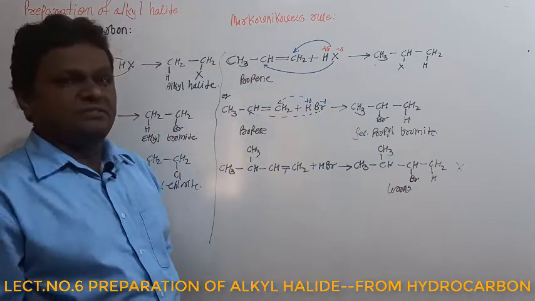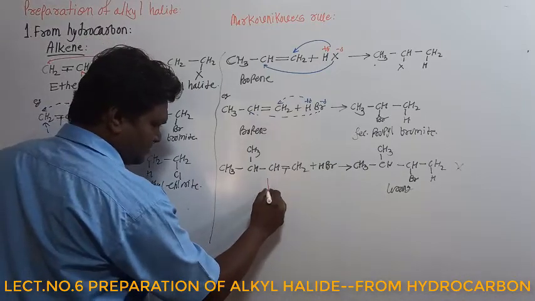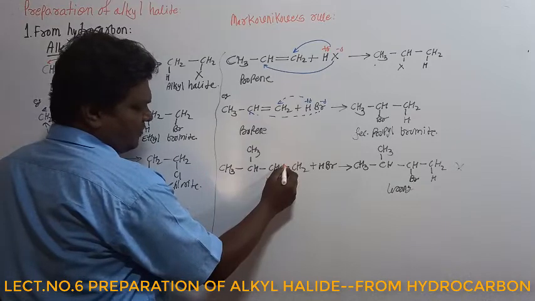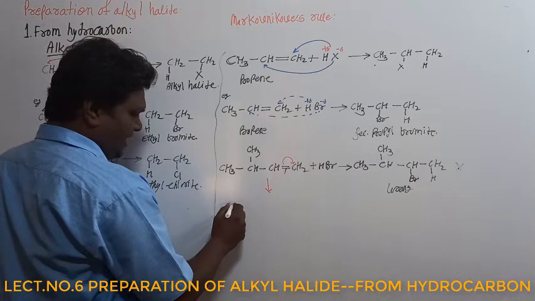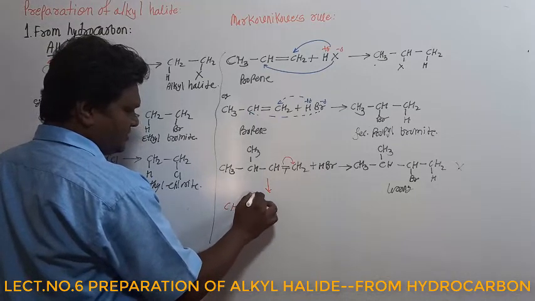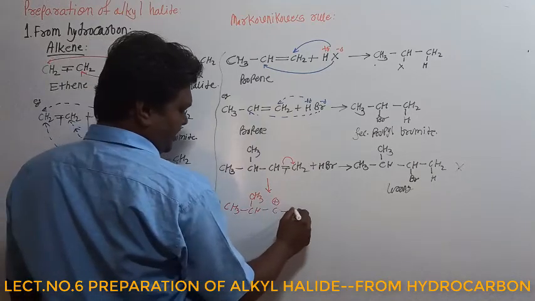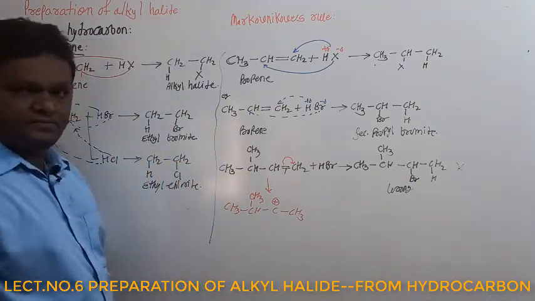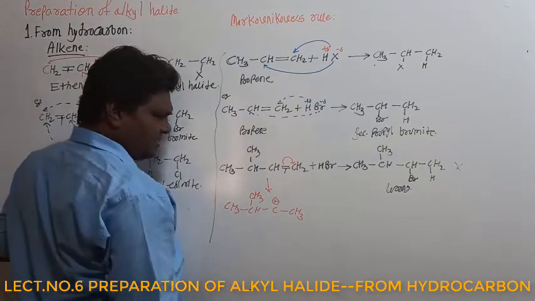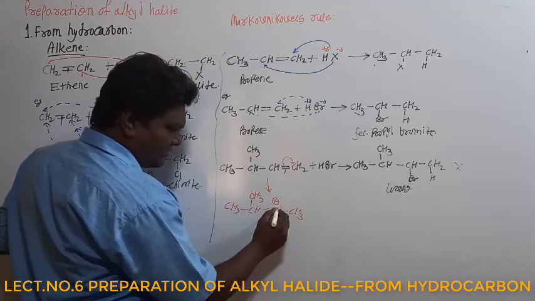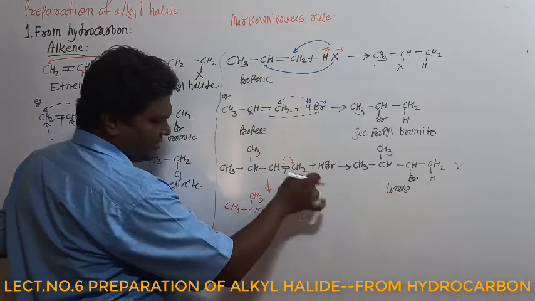So what actually happens is this. This reaction goes this way. This is a transfer of electrons. This hydrogen atom will transfer here. You will get CH3-CH, CH3, with a carbon positive charge. This is a carbocation.